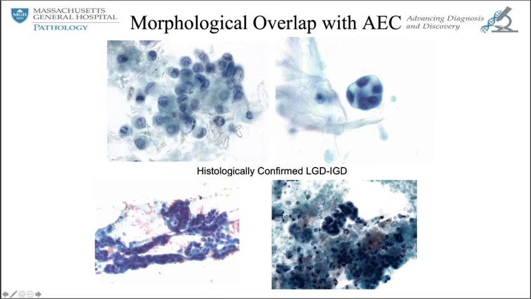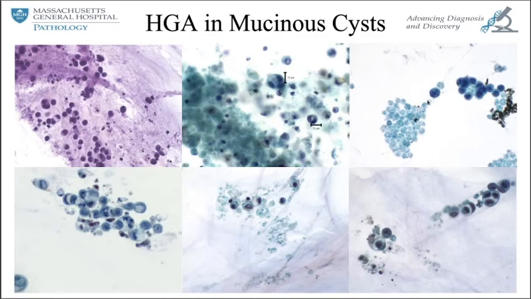Then you try to sit there and say, well, it looks high grade, it needed to come out, and you now have a 60-year-old with a Whipple who could have complications from that procedure. So to have molecular data that shows a SMAD4 deletion or a P53 mutation or a P16 deletion, all of these high-risk late mutations, adds tremendous weight to support your diagnosis of a high-risk cyst based on cytology.